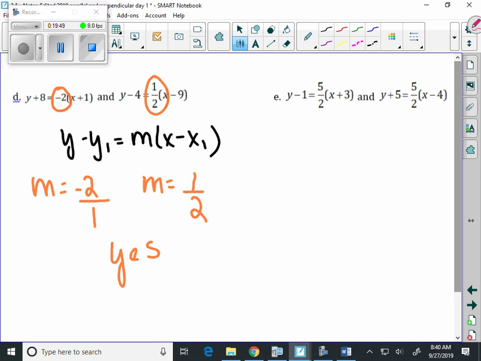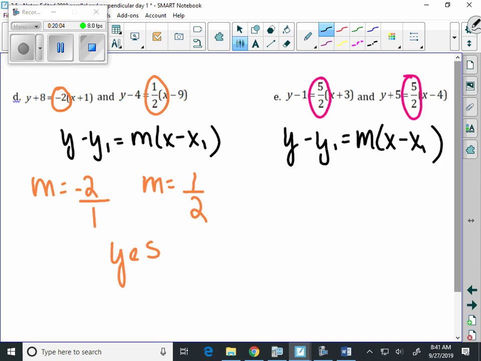Same idea here on letter E. And we're looking at these values right here, our point slope form, just in terms of hopefully helping you to remember that equation without physically sitting down and memorizing it.